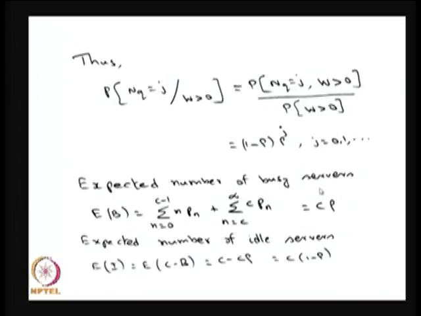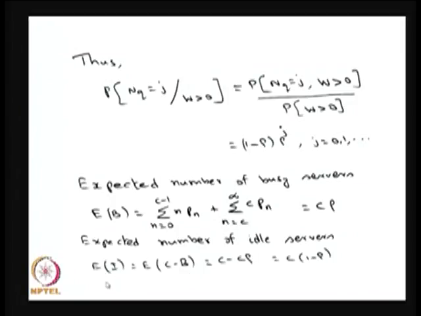Once I know the expected number of busy servers, I can find out the expected number of idle servers also. It's a negation. The expected number of idle servers is the expectation of a random variable. There are totally C servers in the system, and capital B is the number of busy servers.